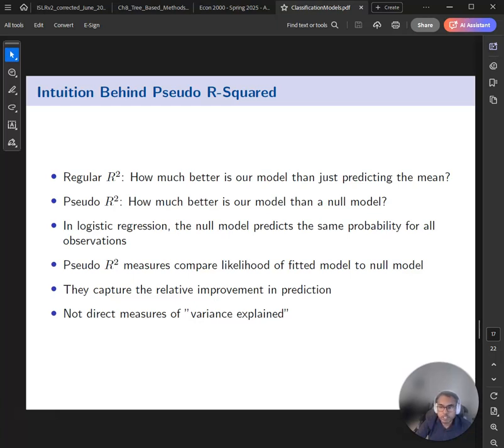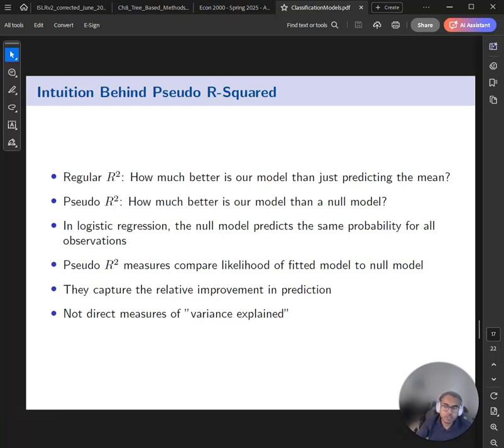In a logistic regression, a null model predicts the same probability for all observations, usually the overall proportion of success in the dataset. Pseudo R-squared measures compare the likelihood of our fitted model to that of the null model, which is the simplest one. But it's important to understand that they are not directly measures of variance explained like regular R-squared.